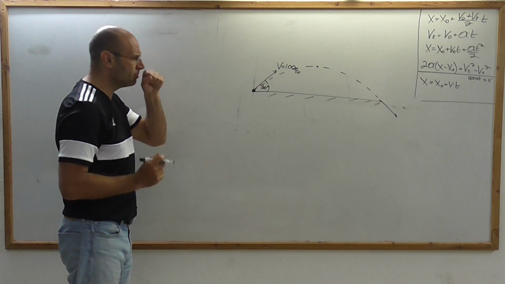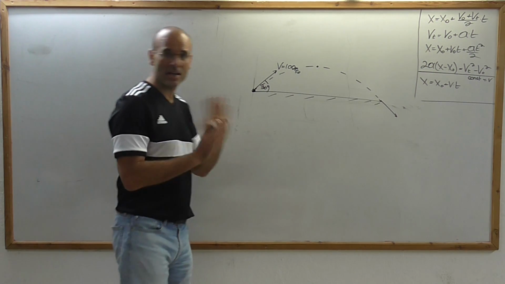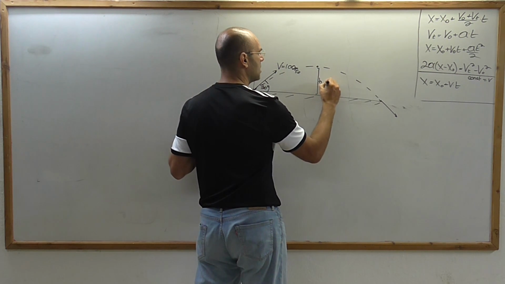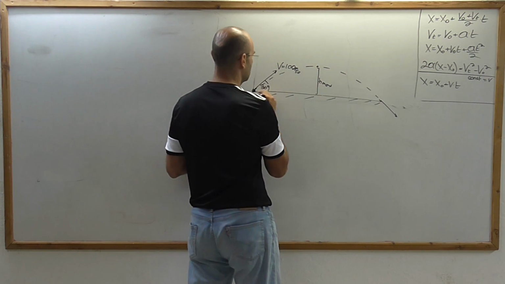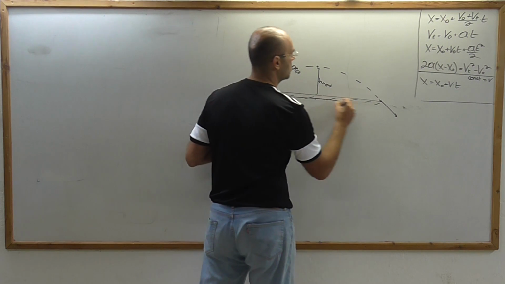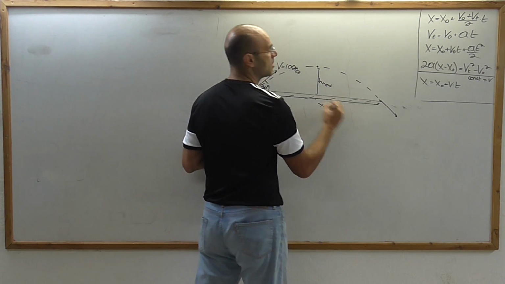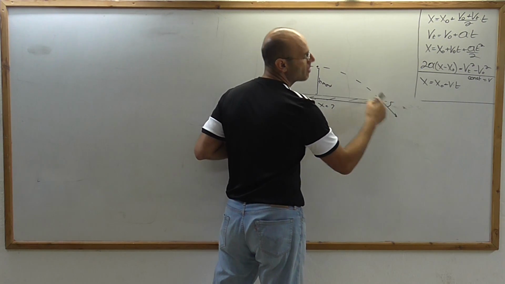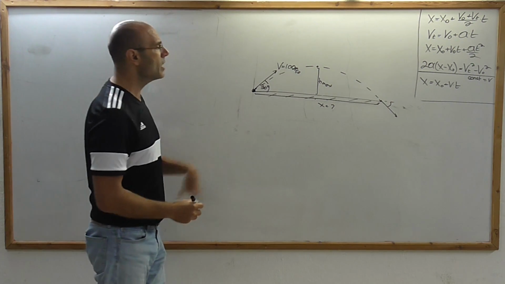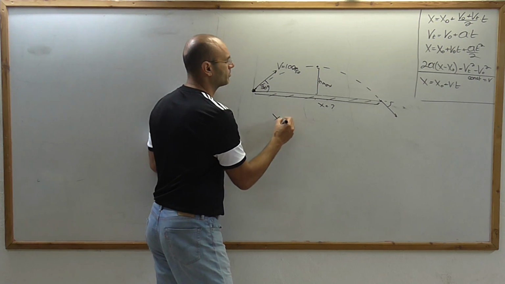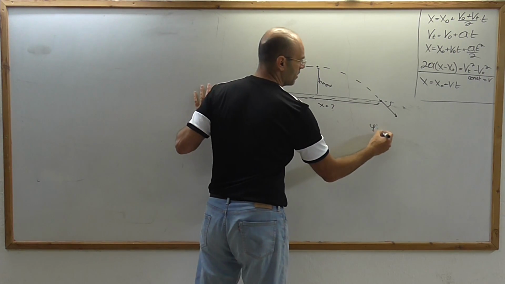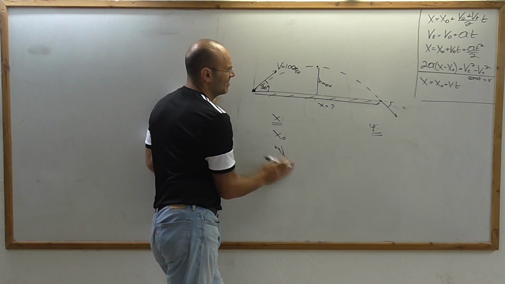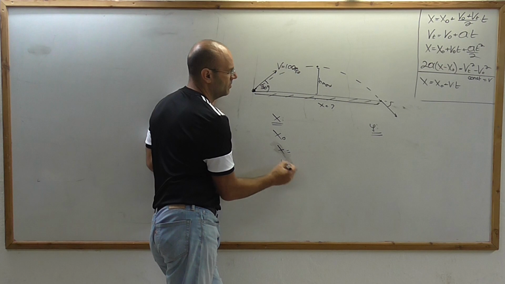Okay, so let's again find everything. I want to know the max height, h max. I want to know the total range, and I want to find the final velocity. So again, let's start with the x and the y. In the x: x0, x, v, t.